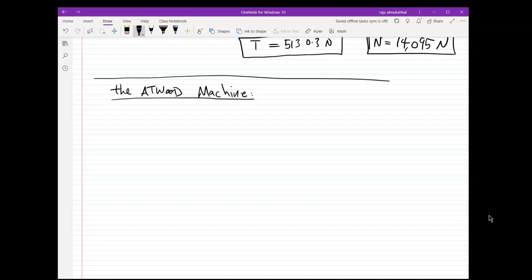And the way it works is this. Imagine you have a pulley. Here's a pulley, and you anchor the pulley, or you hang it from here. And then you have two weights, one weight and a counterweight, like that. Mass 1, mass 2.